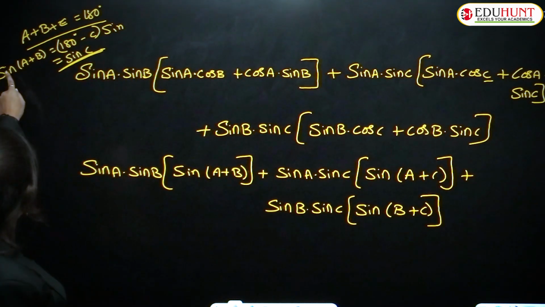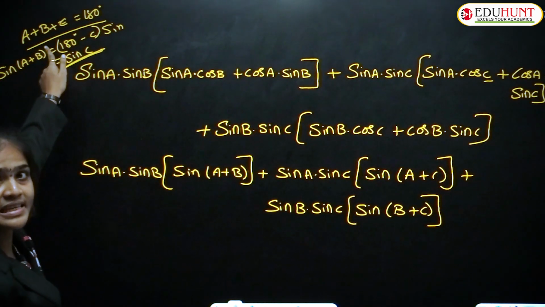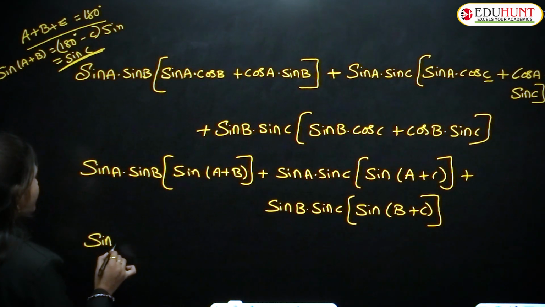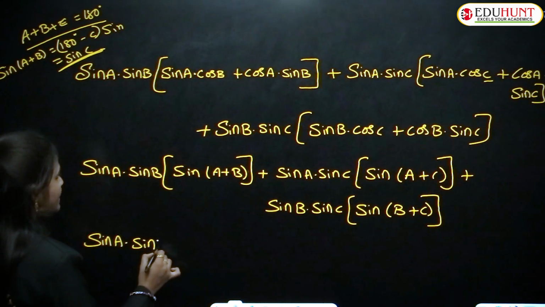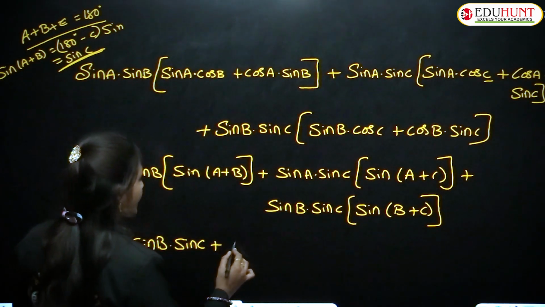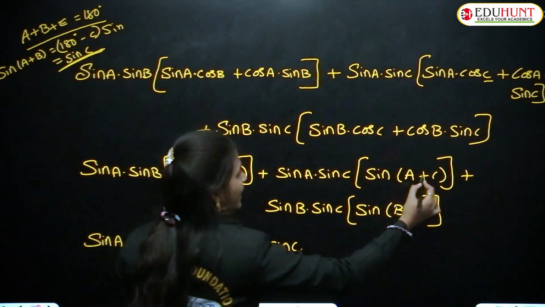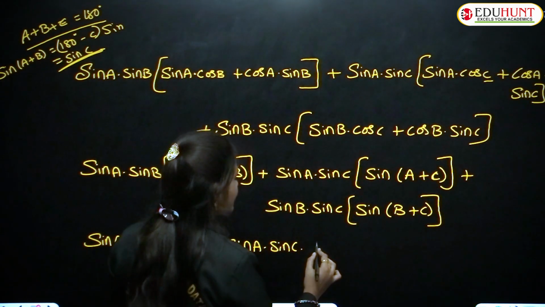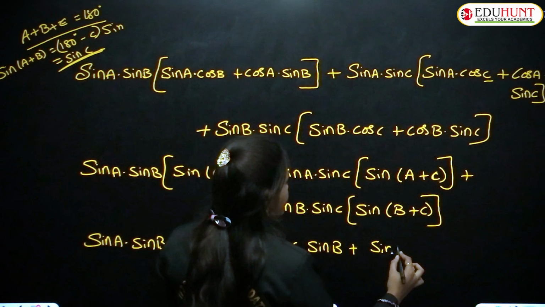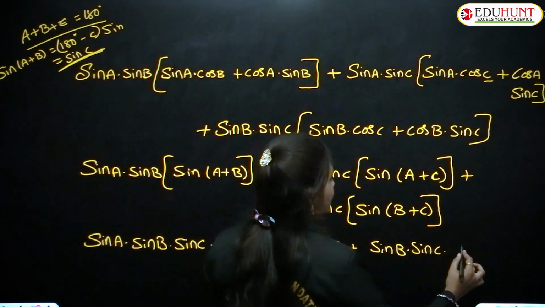And in the same way, sin of B plus C is equal to sin A, and sin of A plus C is equal to sin B. So similarly, sin A into sin B into sin C plus sin A into sin C into, here A plus C is there, no, so missing term, what is that? B. So that is sin B, plus sin B into sin C into, here missing term is A, so sin A.